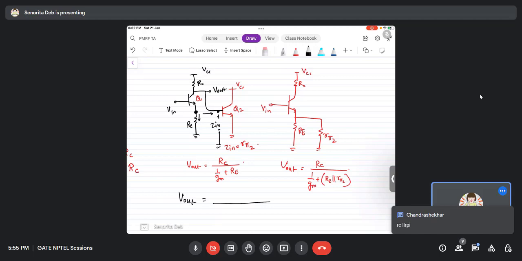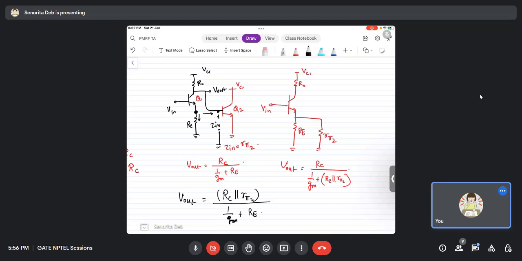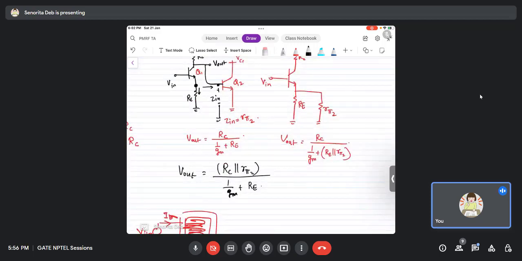Anyone? Yes, RC parallel with R pi. Good. So RC parallel with R pi 2 and below it is 1 by GM plus RE. That's it.